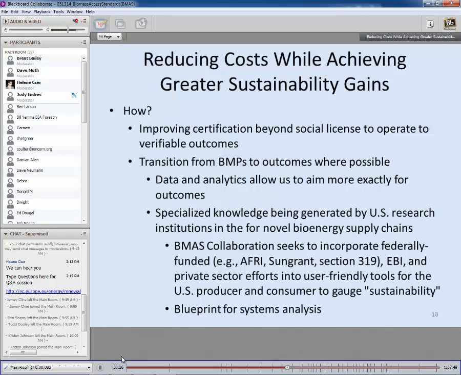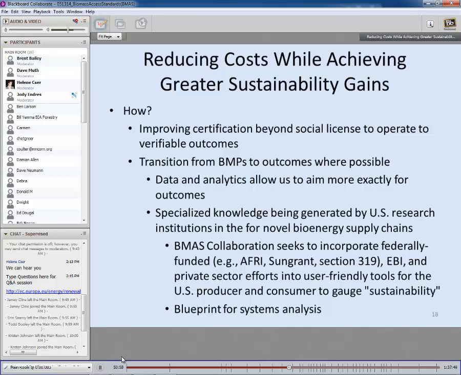So it's that specialized knowledge that the BMAS group, the University of Tennessee, University of Illinois, realized that we would really like to capture for our U.S. stakeholders, and being able to apply those to the bioenergy supply chain, but that's not to say that they couldn't apply, in theory, to any type of land-based activity. So we want to incorporate all of those programs like AFRI, and this IBIS-sponsored webinar is one of those.